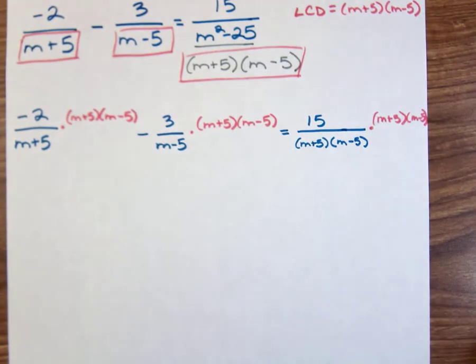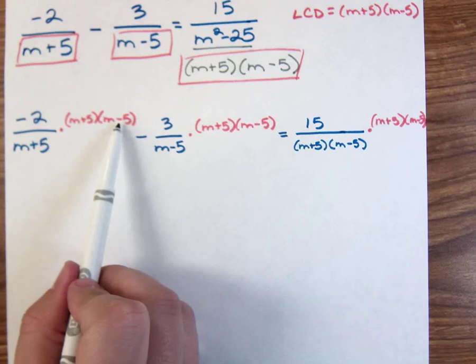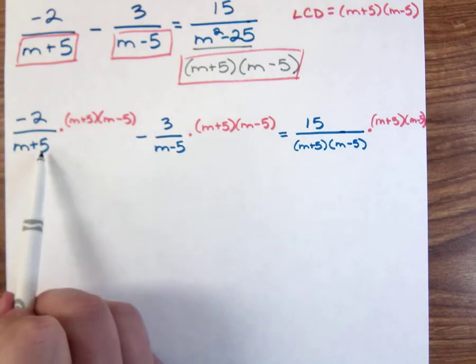You can rewrite this multiplied together, but I'm going to be lazy and cancel whatever is going to cancel. I'll visualize what this will look like after it multiplies together. The first numerator will have negative 2, m plus 5, m minus 5, and the denominator will be m plus 5.